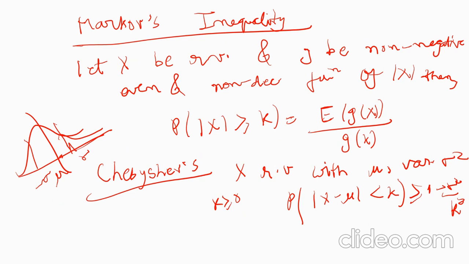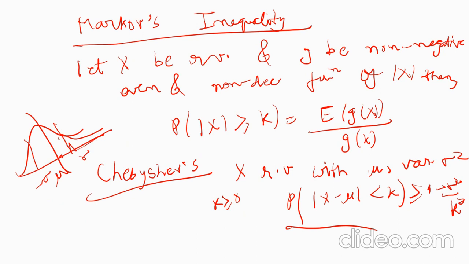What this property tells us is that the probability that x minus mu is less than k is greater than or equal to 1 minus sigma square upon k square, where x is any value and mu is the mean.